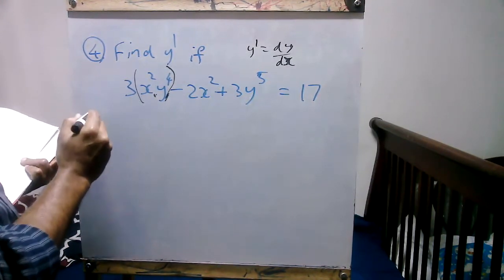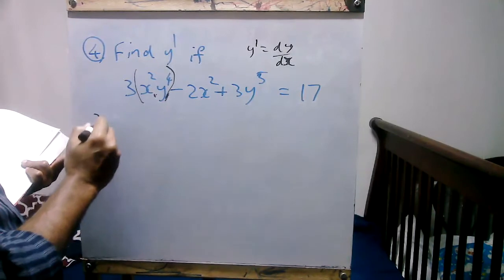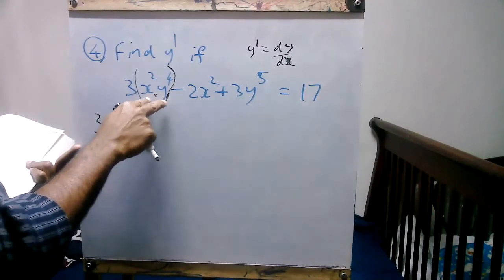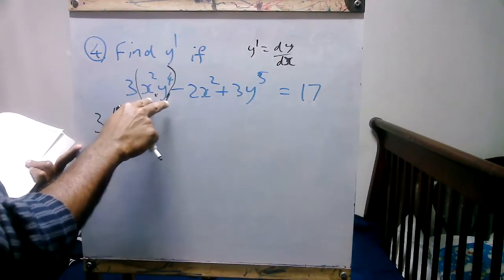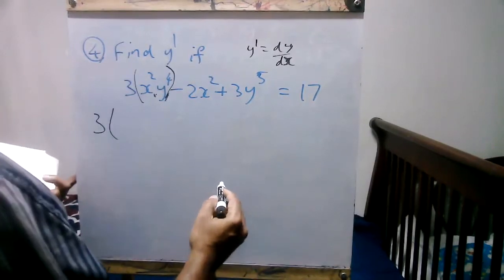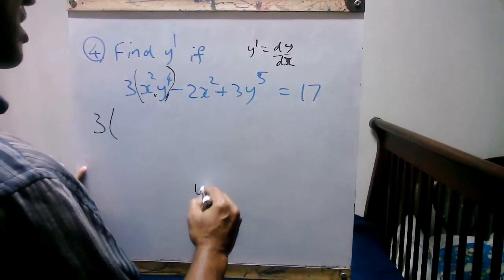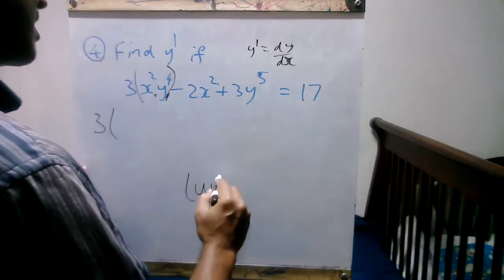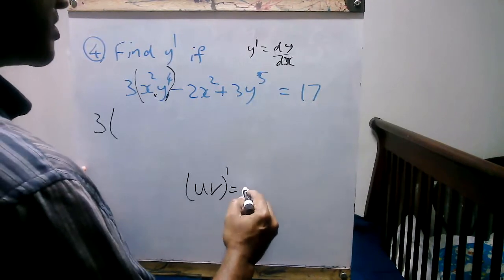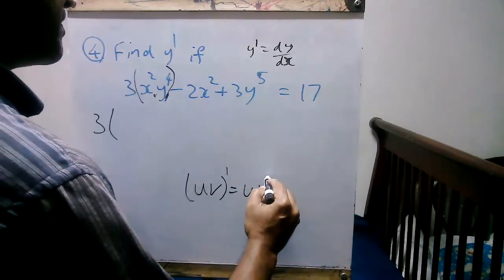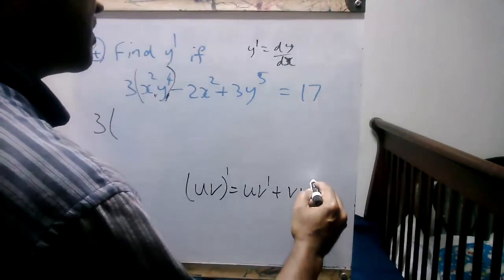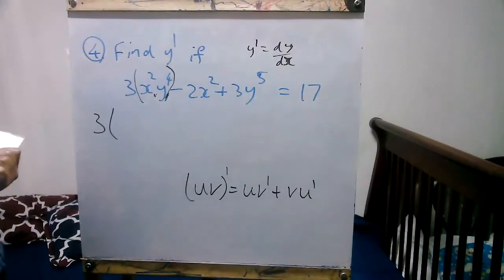Okay, let's do that. 3 stays outside, and in parentheses I'm gonna write the derivative of this. For that I'm gonna use the product rule. If I remind you a little bit, the product rule: the derivative of uv, the product, equals u v prime plus v u prime, right?